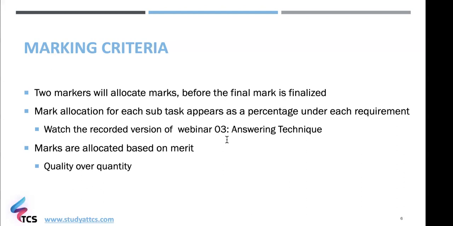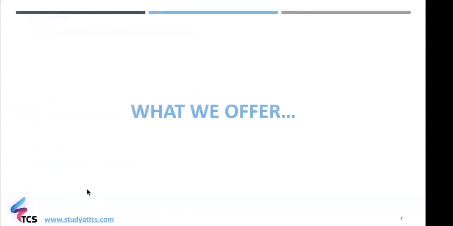Based on the mark allocation, you are supposed to determine how many answer points you need to come up with under each answer plan. All these things were taught in the second webinar, so please watch it if you missed out on it. Marks are allocated based on merit. As I told you earlier, any marker is picking quality over quantity.